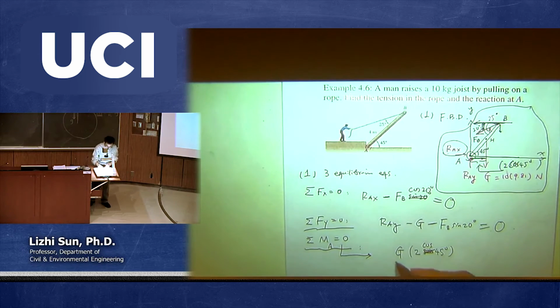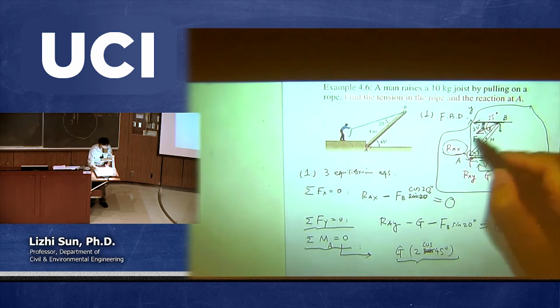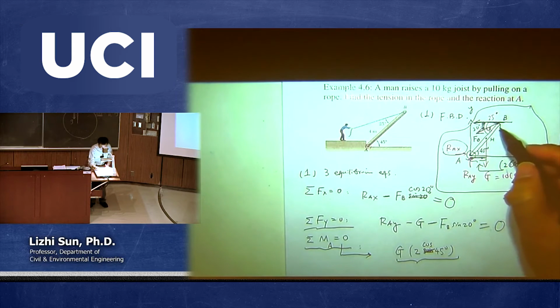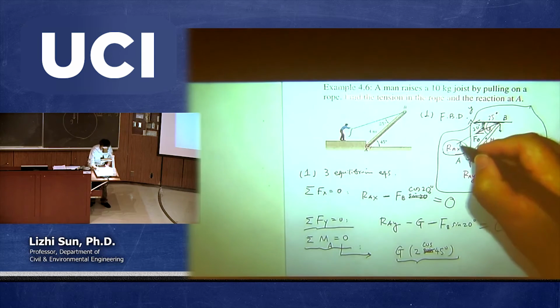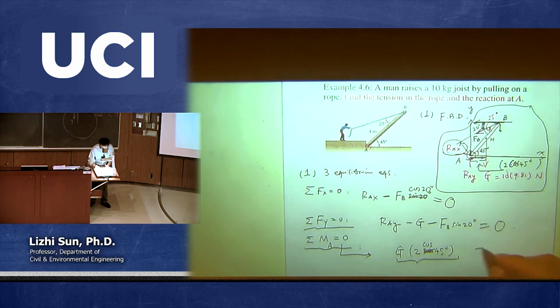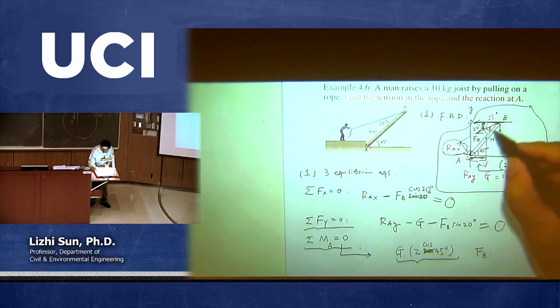Okay, so this is the moment of G at point A. That's the first one. And then how about this force, FB? You may say, well, FB times the shorter distance. The shorter distance is probably here, right? So this is the shorter distance. So FB times the shorter distance. In this triangle, you have 25 degrees, and this is 4.